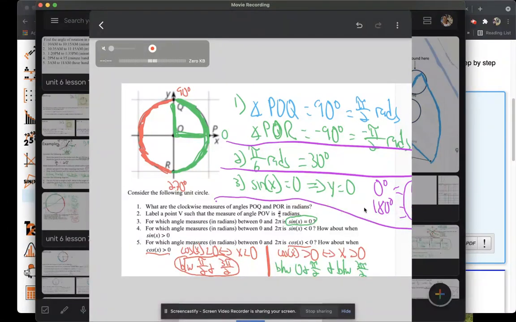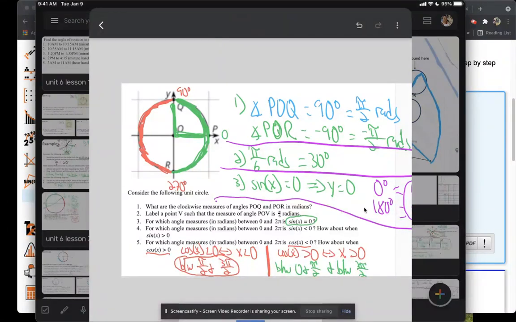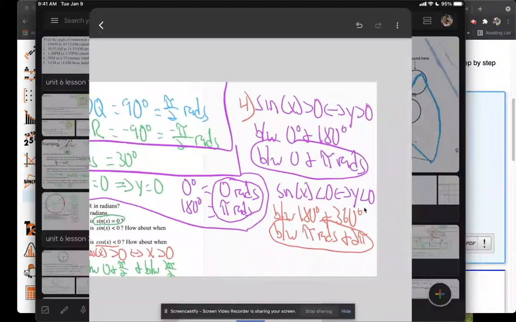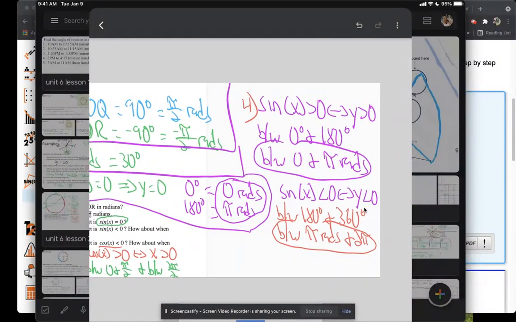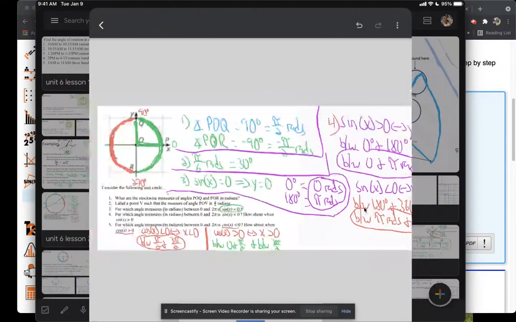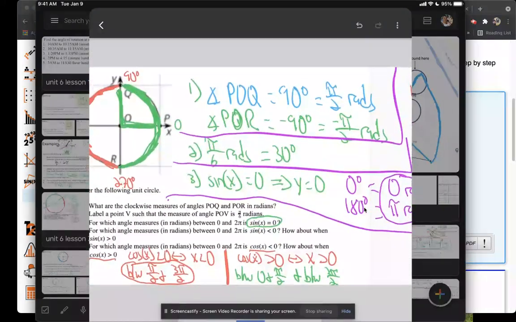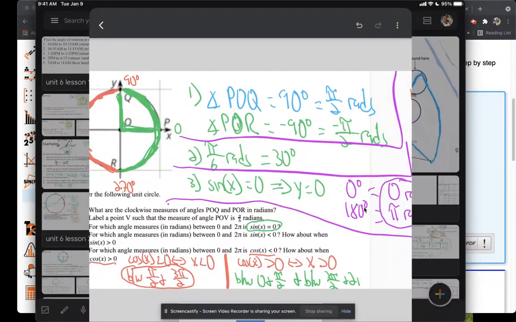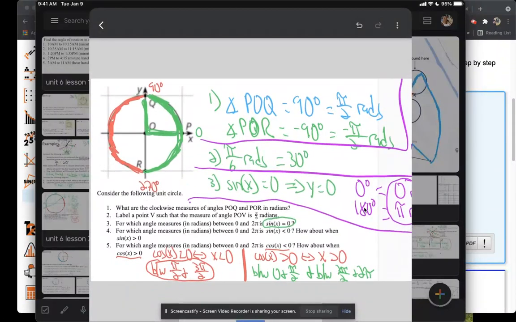And then we had said that 360 before was 2 pi. So this would be between 3 pi over 2 and 2 pi. So to answer that part of the question, how about when cosine is greater than 0? It's going to be between 0 and pi over 2 and between 3 pi over 2 and 2 pi. So these two ranges right here.